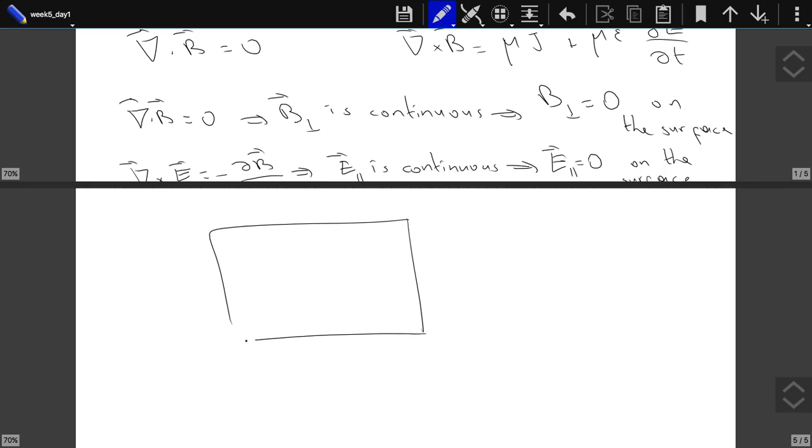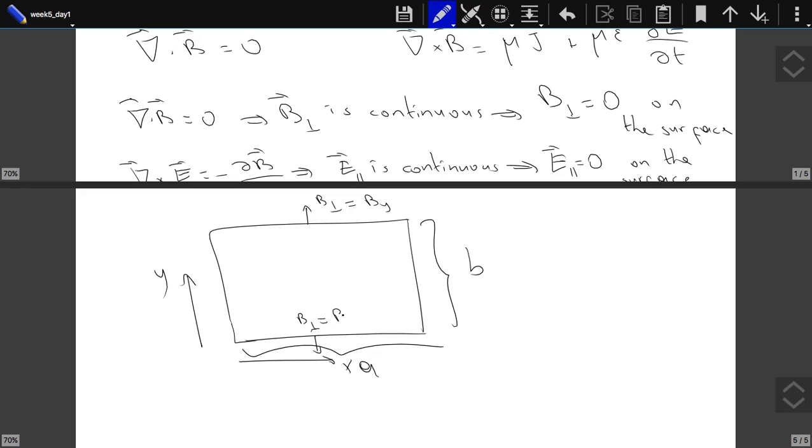This is my cross-section of my waveguide. Let's say this is my x direction, this is my y direction. This has a length A, this has a length B. And, well, here B perp is equal to By. Here, B perp is equal to By. Here, B perp is equal to Bx.